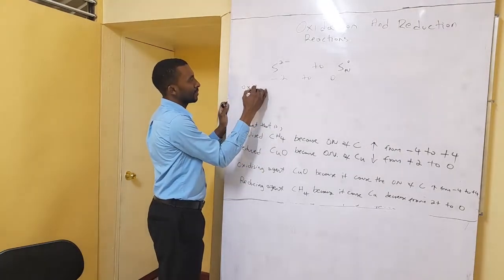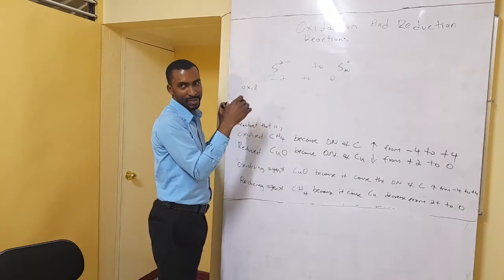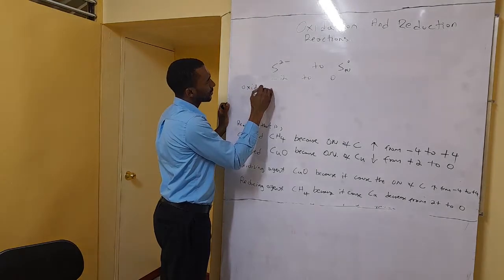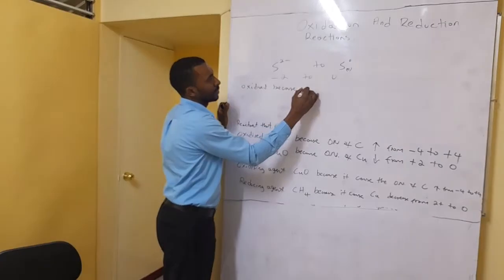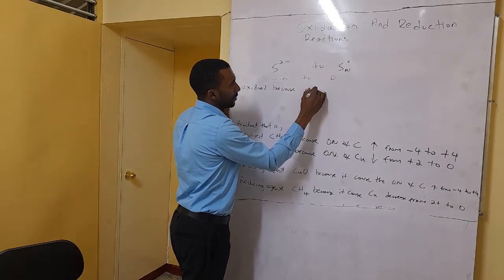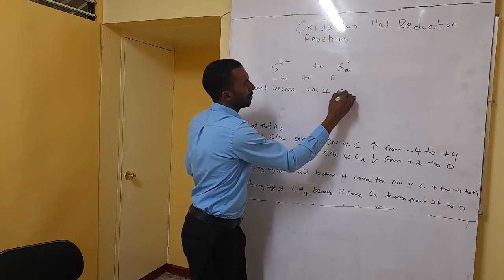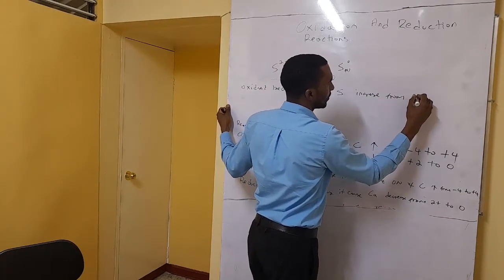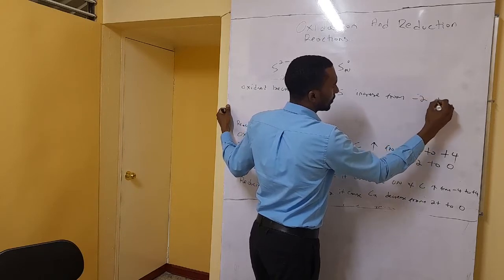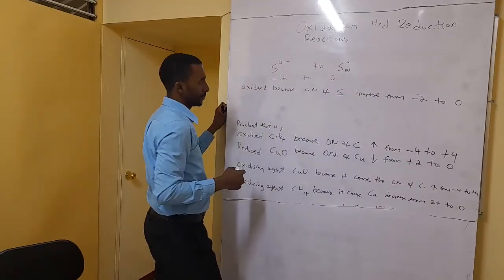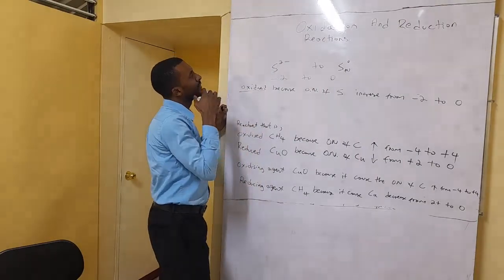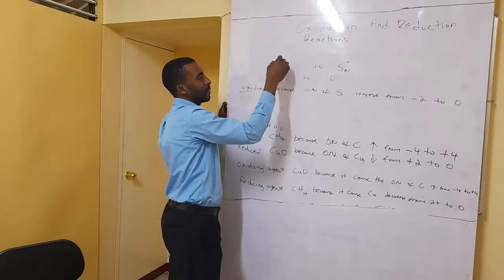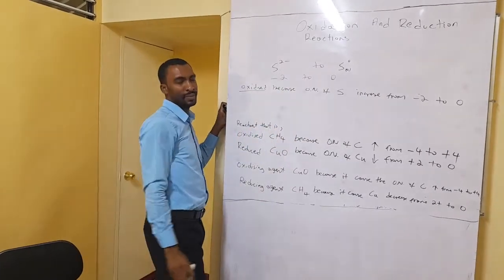Like the previous example, the oxidation number of sulfur increased from -2 to 0. That's oxidized. In order for the oxidation number to go from -2 to 0, what would we have to do in terms of sulfur?